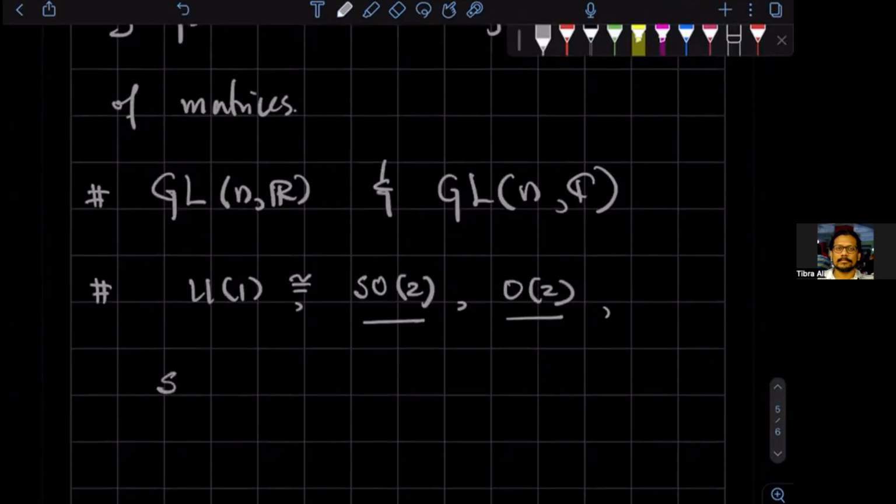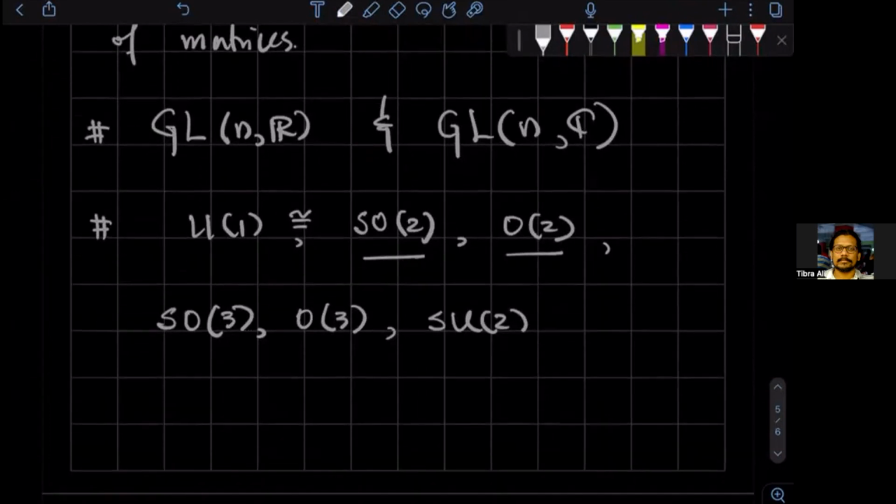And then we also had the rotation group SO(3), and of course, it sits inside O(3). And then we had SU(2). So these are all examples of groups which are compact Lie groups.